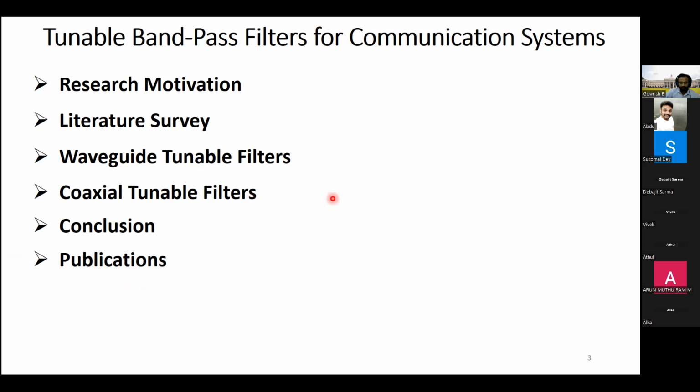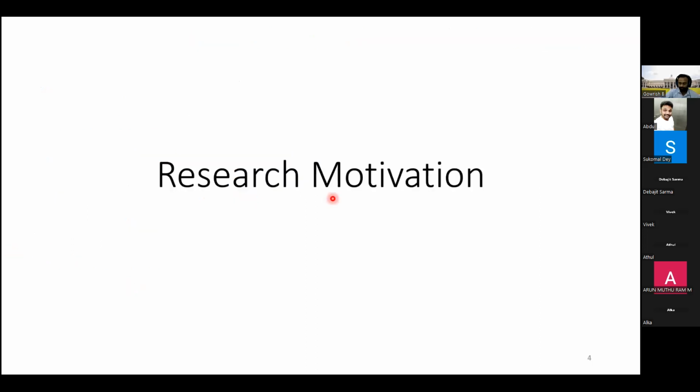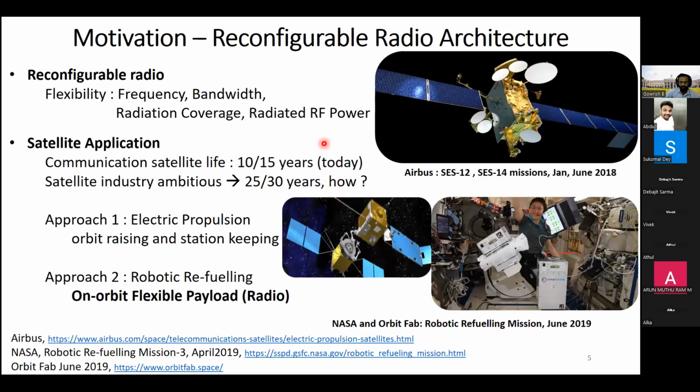So coming to the research motivation, one of the applications of tunable filters is satellite communication application. As we all know, the life of a typical communication satellite presently is around 10 to 15 years. This is not because of the electronics.